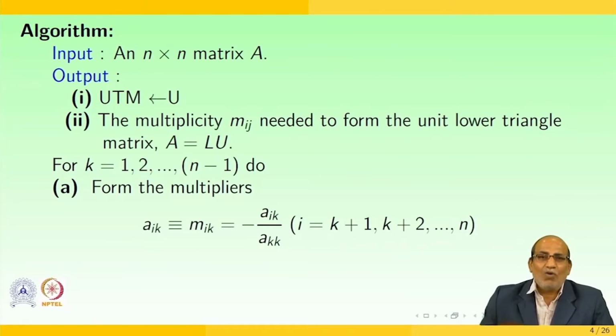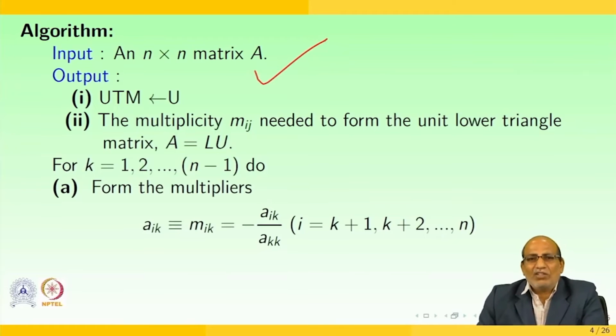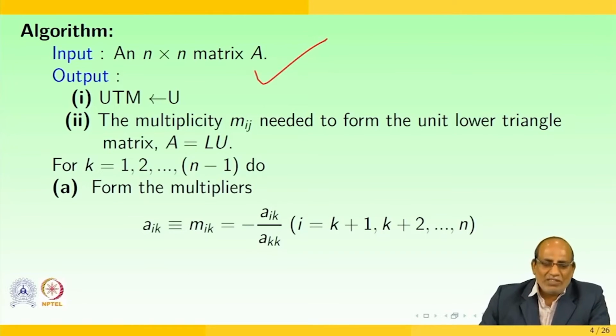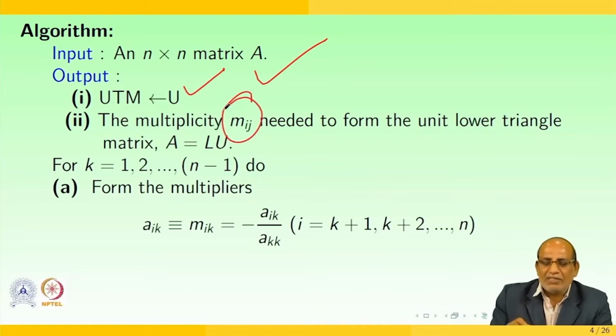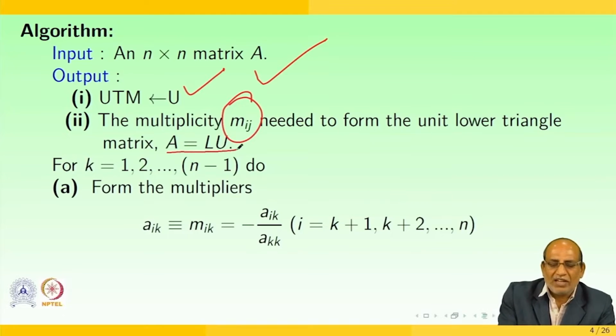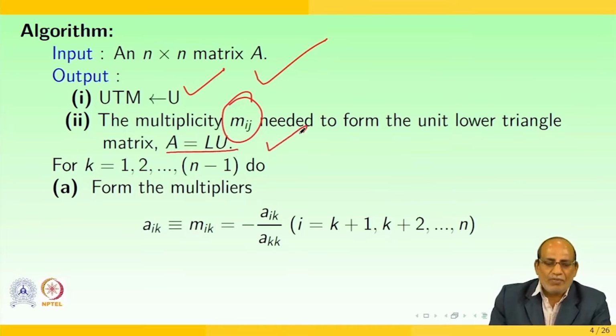Let's see how this algorithm works. The algorithm is very simple. The input is an n by n square matrix. The output is the upper triangular matrix U, and the multipliers m_ij, which are needed to form the unit lower triangular matrix L, so that A = LU.